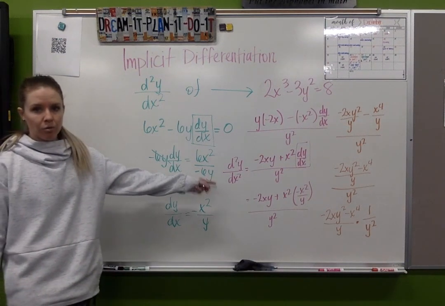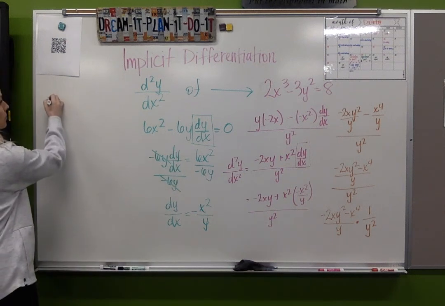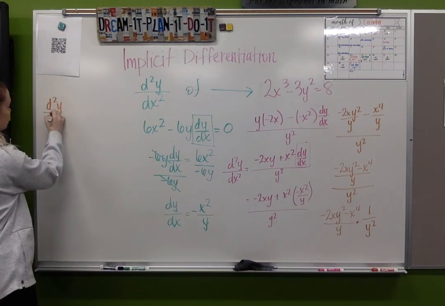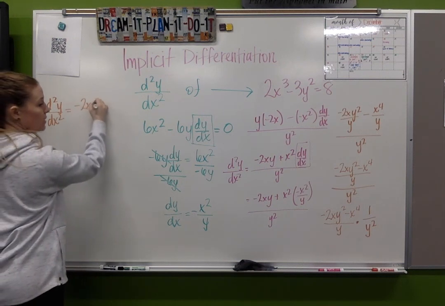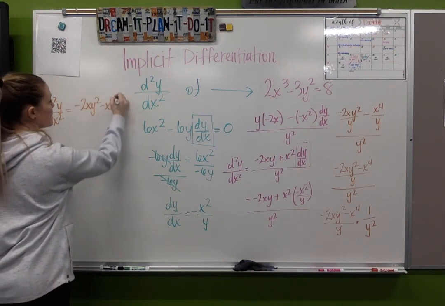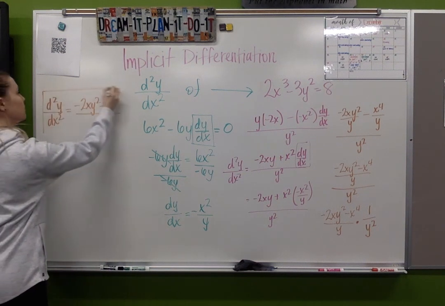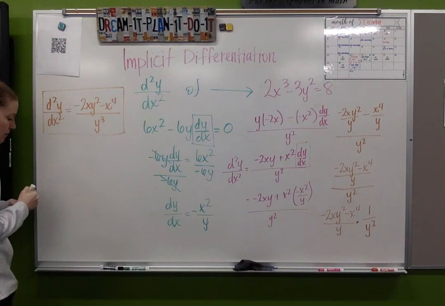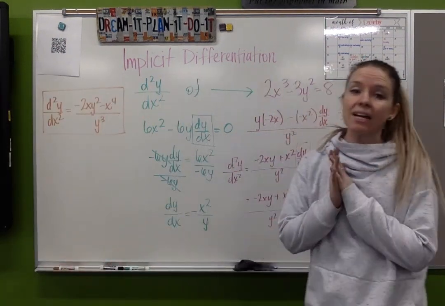I kind of ran out of room over there, so I'm just going to jump over here. When I simplify this, my second derivative is now negative 2x y squared minus x to the 4th all over y cubed. Okay? Yes, it's quite the process.